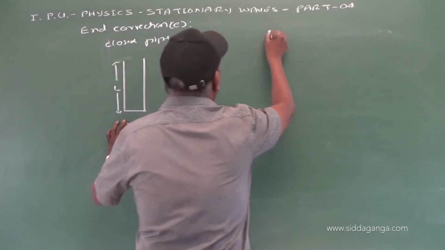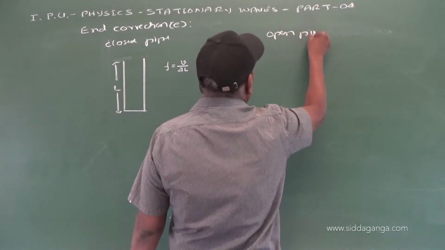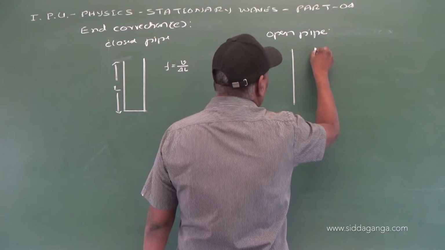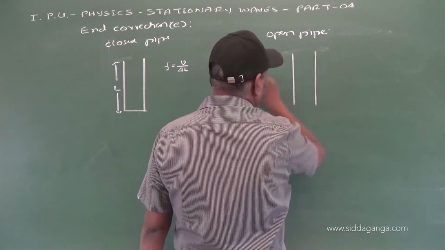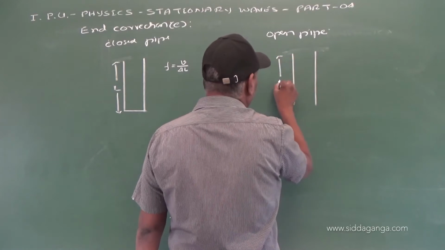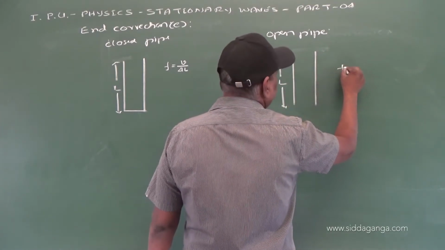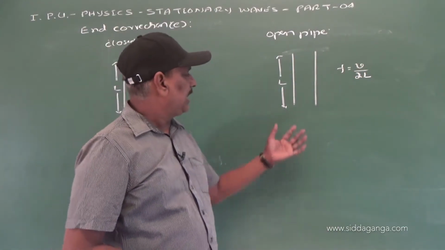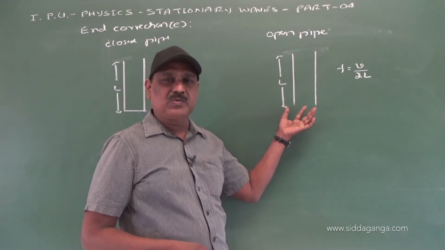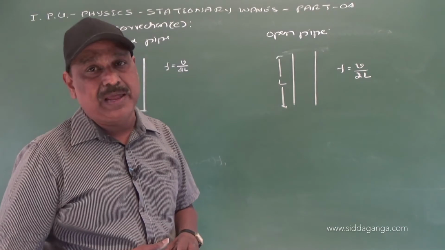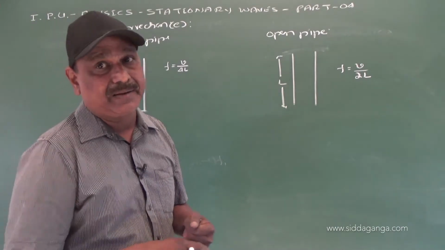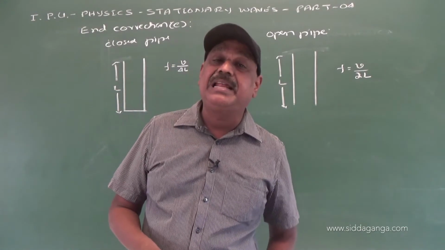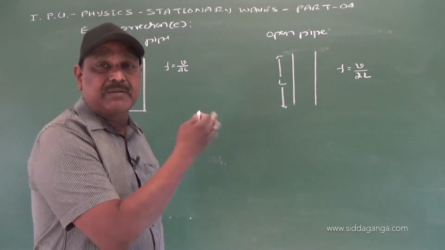And again, when we consider an open pipe of length L, here the fundamental frequency F is equal to V by 2L. Here also the experimental value comes out to be slightly less than the theoretical value, and it is not due to experimental error, remember that. Why is the experimental value slightly less than the theoretical value given by this formula?